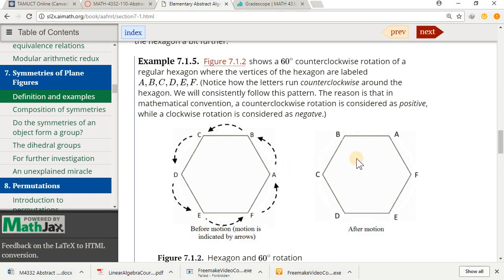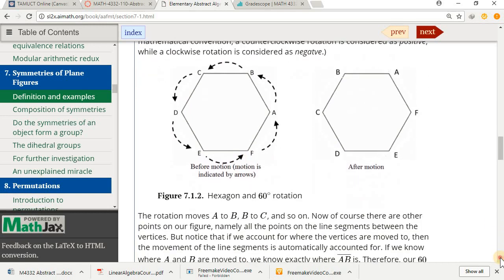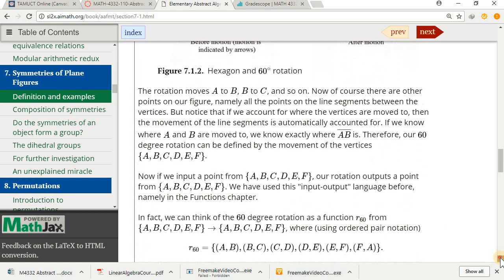So how do we make this work? We say that A goes to the position where B was. So we're saying that A maps to B, B maps to C, C maps to D, D maps to E, E maps to F. Now we've represented functions as a set of ordered pairs, so we can represent this function in this way.